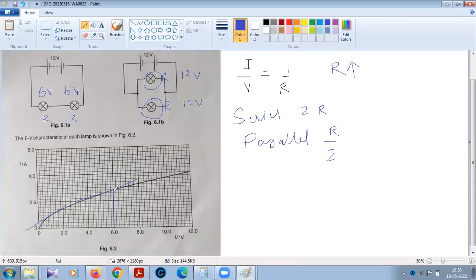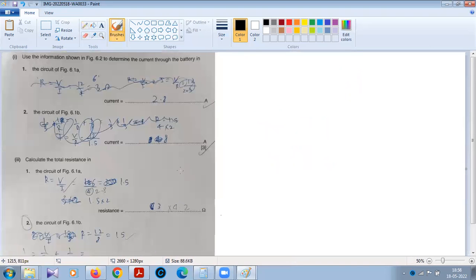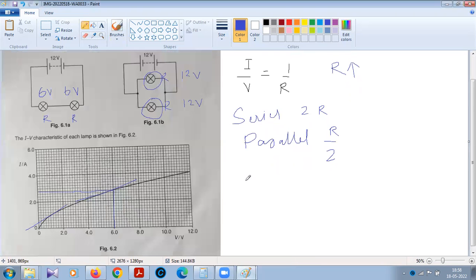The current is something like this, so you are getting 2.8 amperes. Next, for the circuit in the B part, for 12 volts I will find out what the current is.